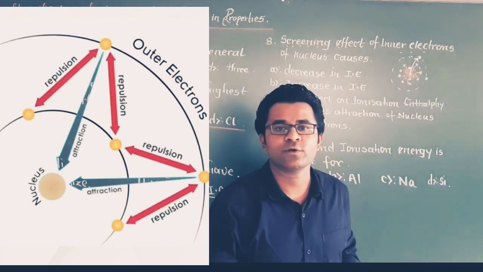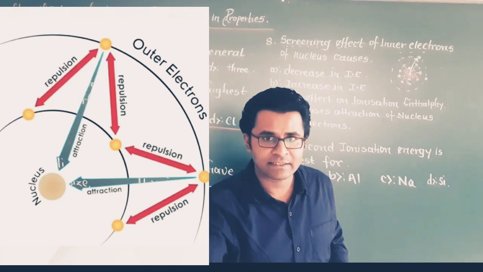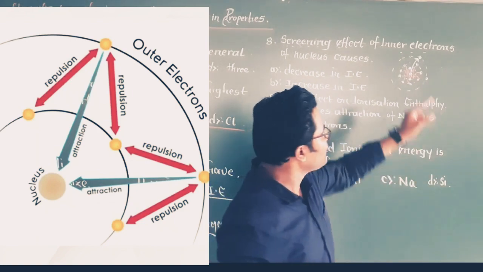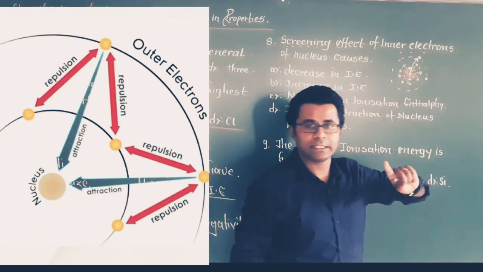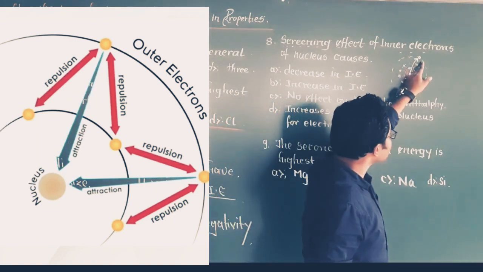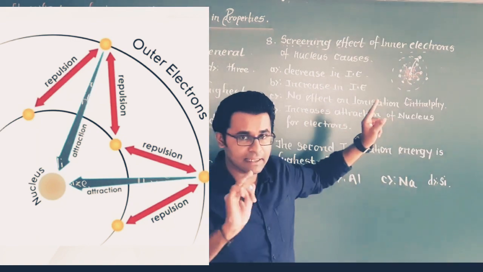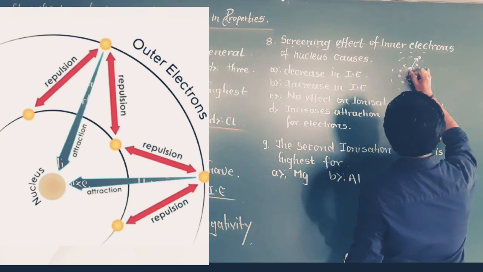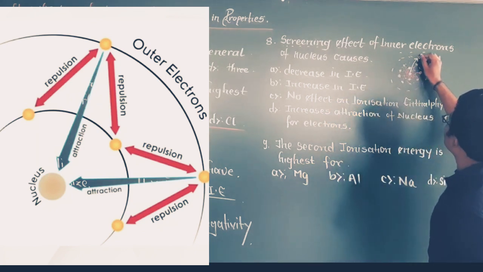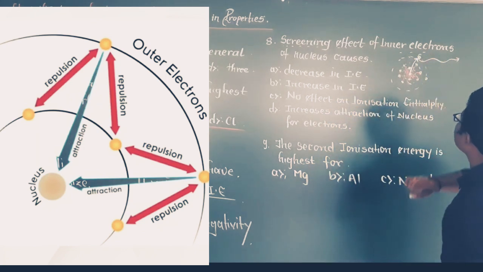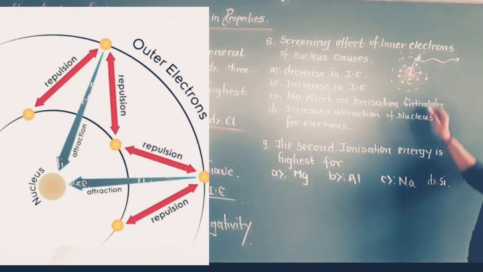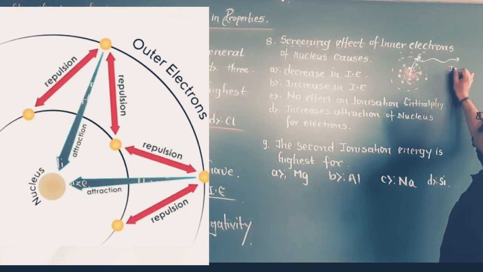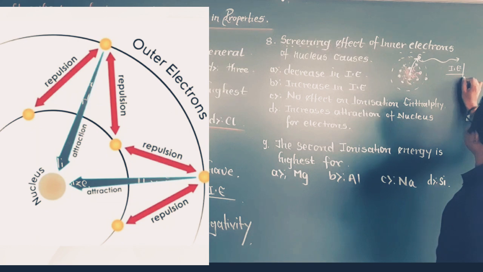The outermost electrons will feel lesser attractive power from the nucleus, therefore we can easily remove this particular electron, right? So it is indirectly affecting our ionization enthalpy.